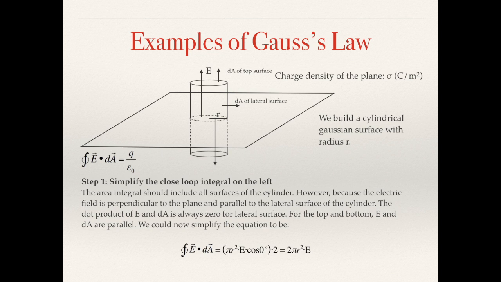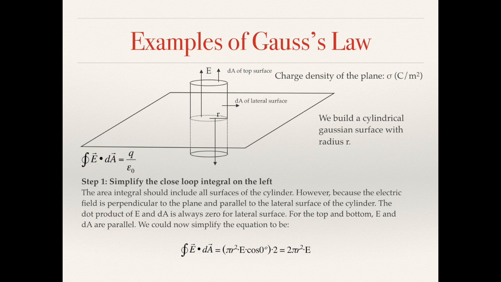So the dot product of E and dA is always 0 for the lateral surface because the cosine of 90 degrees is equal to 0. While for the bottom and the top of the cylinder, the electric field and dA are parallel.